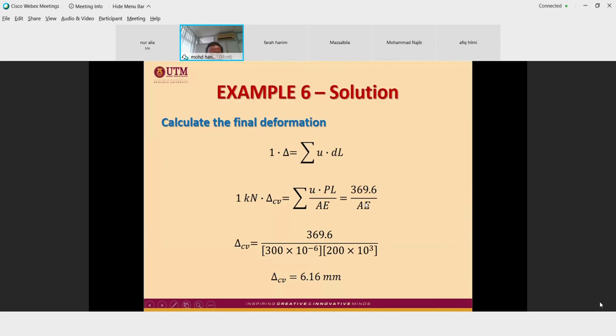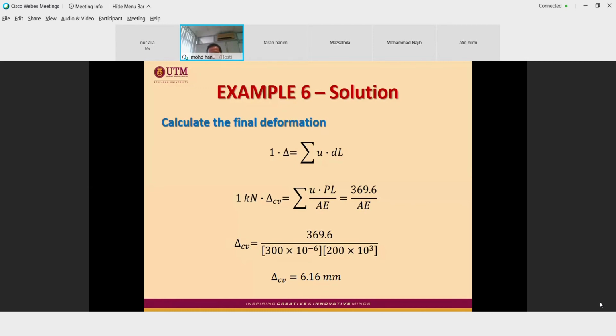The result here is that delta at point C vertically is equal to 6.16 millimeter. Is it millimeter or meter?